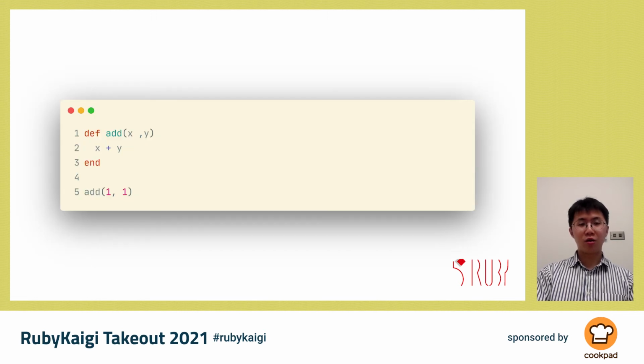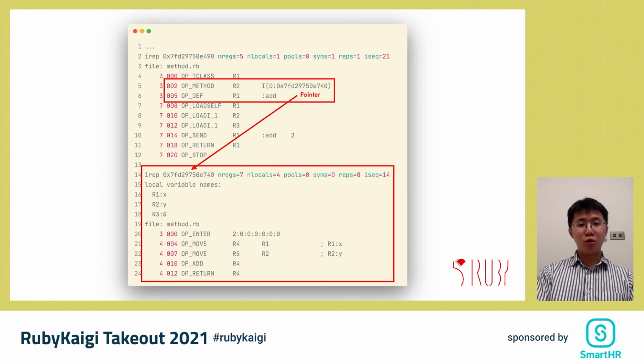We can define an add method that simply adds two numbers, and when we call it, it will return the same data as 1 plus 1. But when we compile it, you can find the output is more than we showed before, because we have two parts. The first part is our main program, and it shows we have an OP code to define a method.